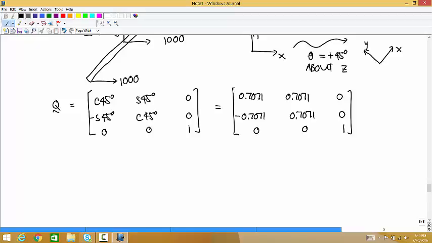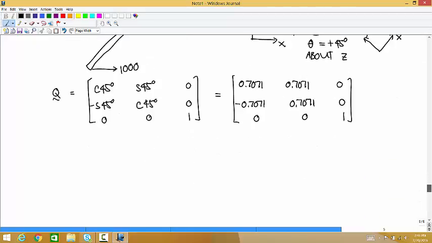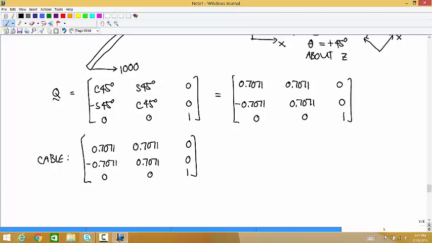Okay, so let's do these force vectors one by one. So the cable, we have this Q matrix times what's this represented in components, this 1,000 Newton horizontal force in components.